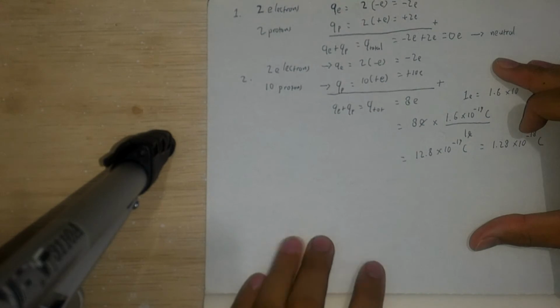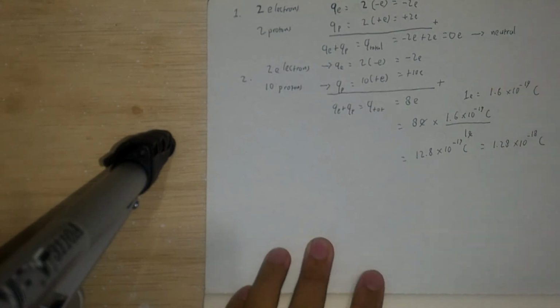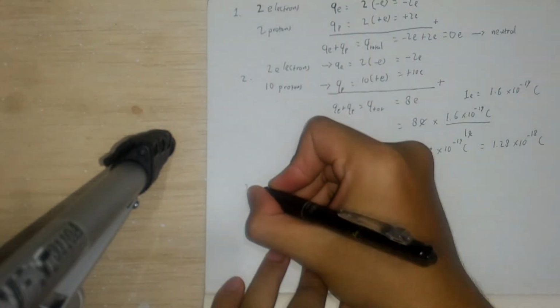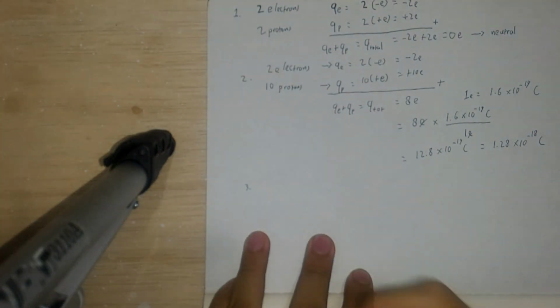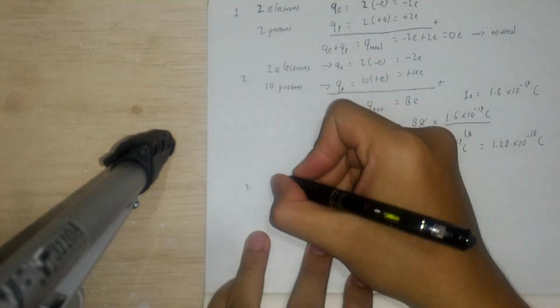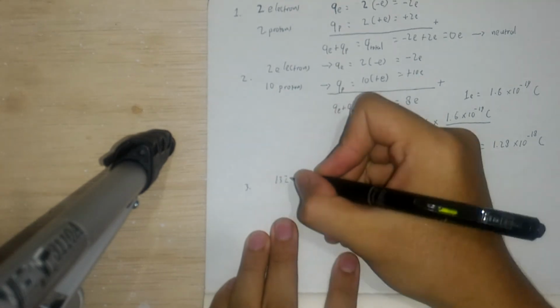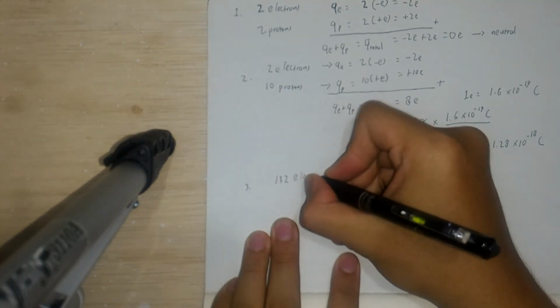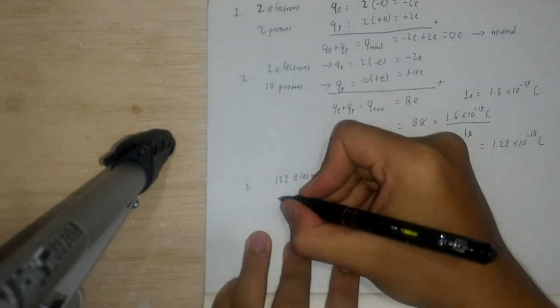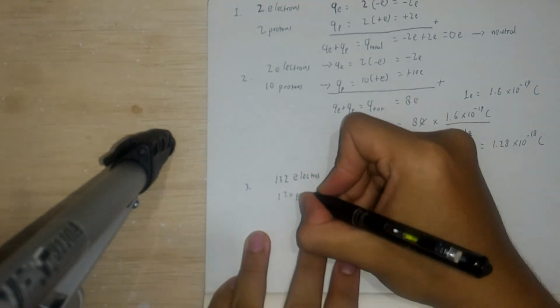That's how we calculate the net charge of an object. So number 3, this is your homework actually. How about if I have an object with 132 electrons and 120 protons?